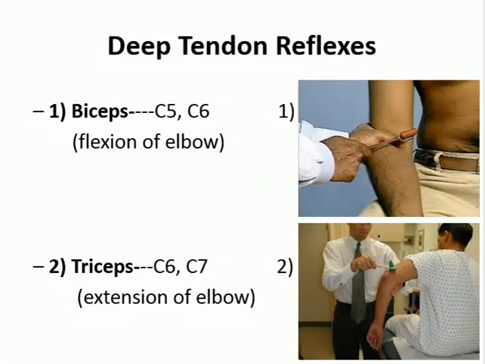Third come deep tendon reflexes. These are assessed on the biceps. These are innervated by C5 and C6 and assessed on the flexion of the elbow. Second comes the triceps. These are innervated by C6, C7 and assessed with a hammer on the extension of the elbow.